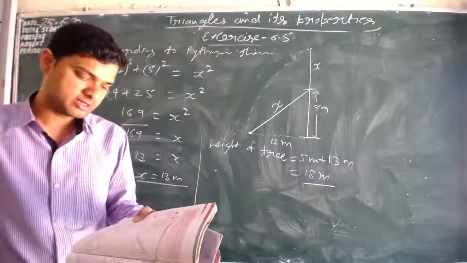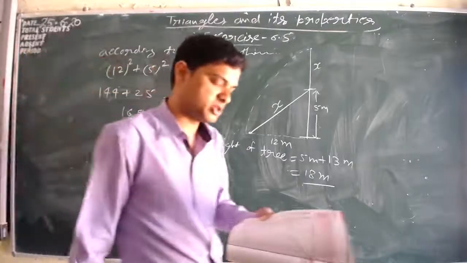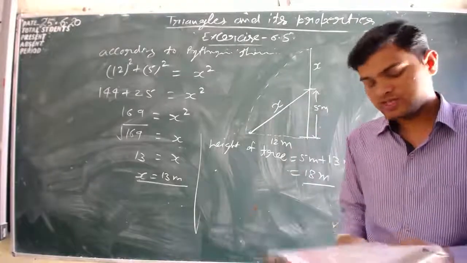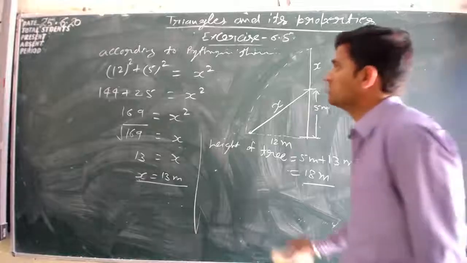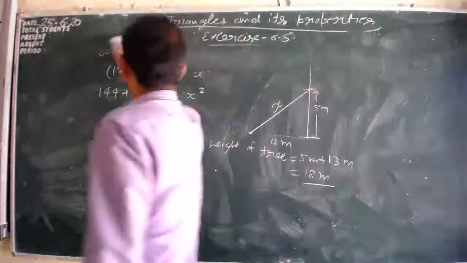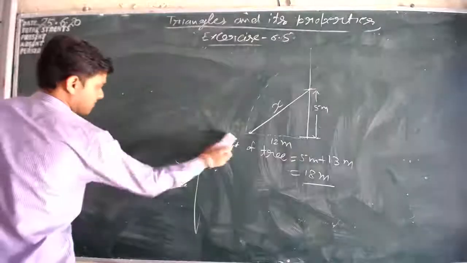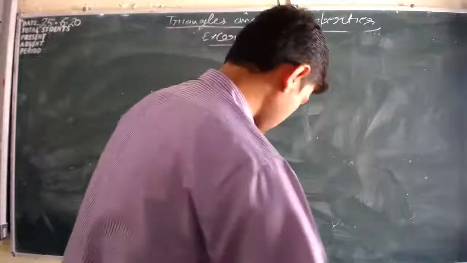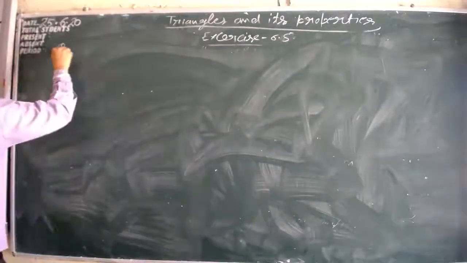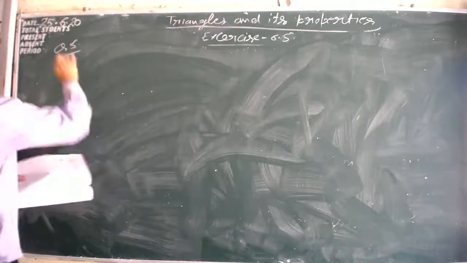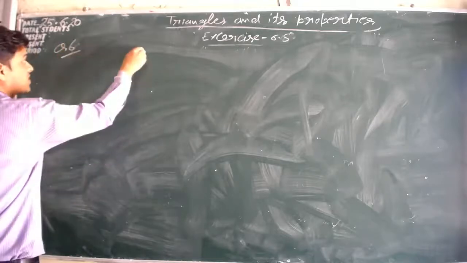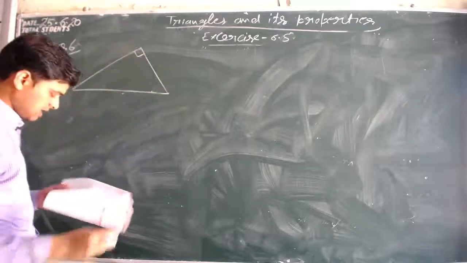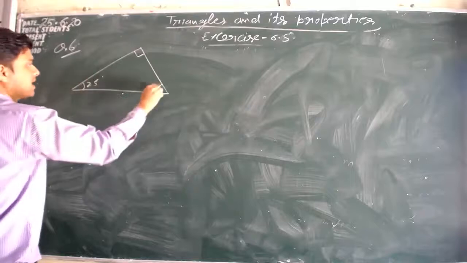Question number 6 is angles Q and R of a triangle PQR are 25 degree and 65 degree, right? Which of the following is true? ठीक है, हमने इस स्टेटमेंट के बेसिस पे बताना है कि जो नीचे दिए हुए स्टेटमेंट है उनमें से कौन सा ट्रू है। तो पहले देख लेते हैं कि गिवन क्या है। बोल रहा है we have a triangle, question number 6, we have a triangle and the measure of two angles are 25 degree and 65 degree.